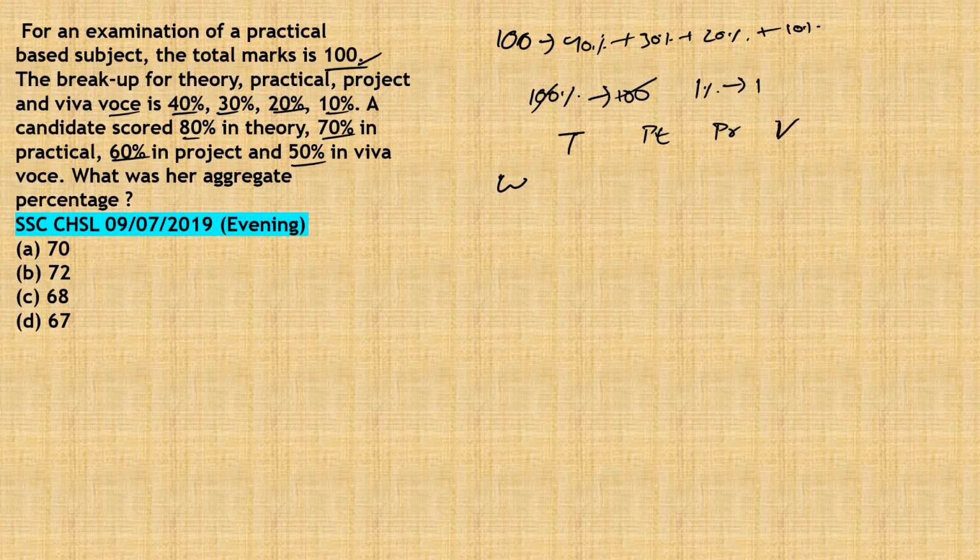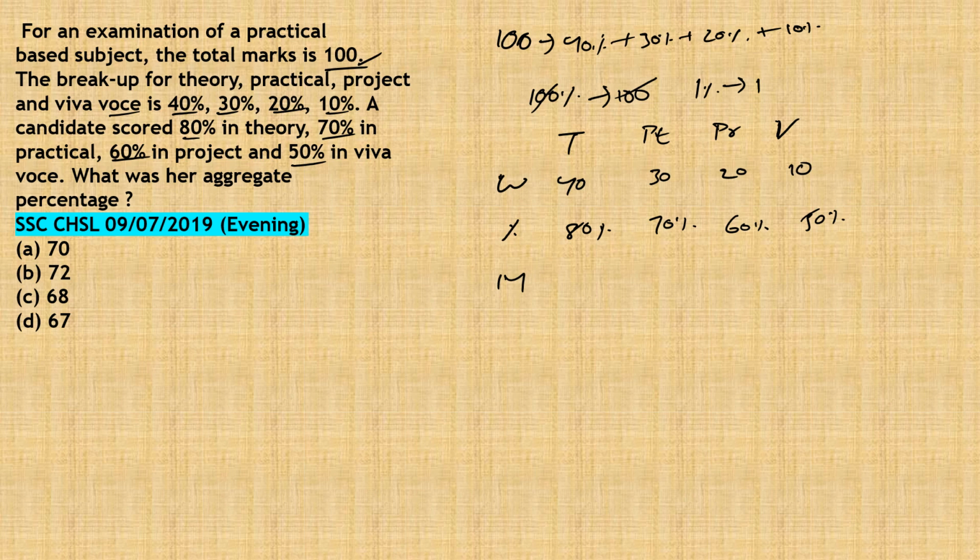Weightage for theory is 40%, that is 1 ratio denotes 1, that means you can write directly 40 marks. And for practical 30 marks, project 20 marks and viva 10 marks. The percentage of marks scored in each subject is 80% in theory, 70% in practical, 60% in project and 50% in viva.